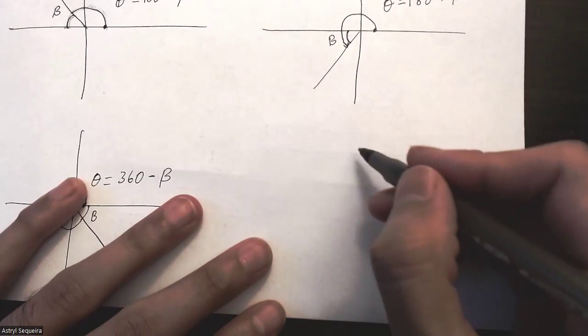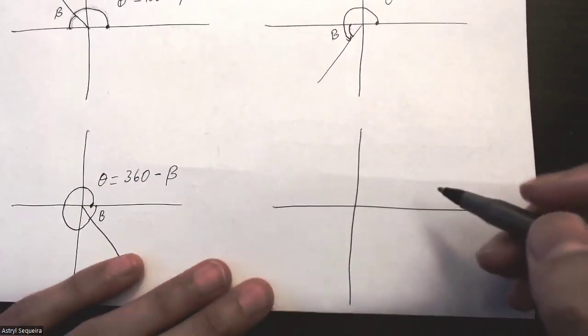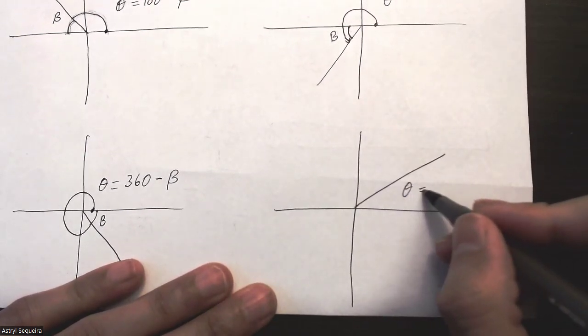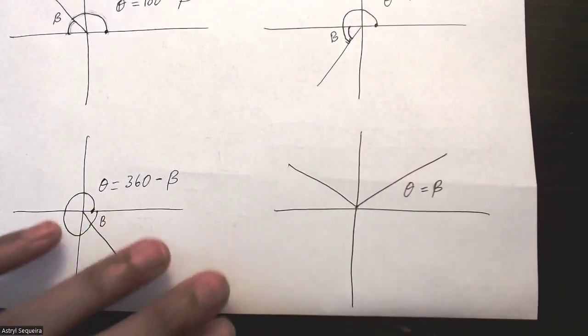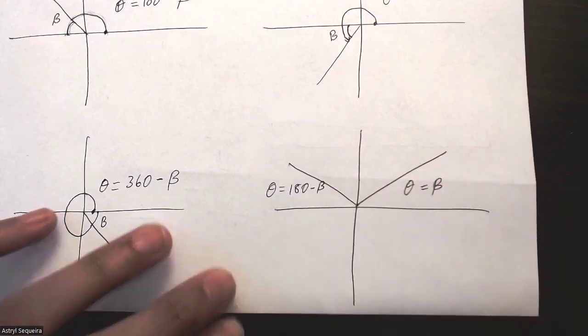So to summarize all this, if I'm in the first quadrant, theta is just the same as beta. If I'm in the second quadrant, theta is 180 minus beta.